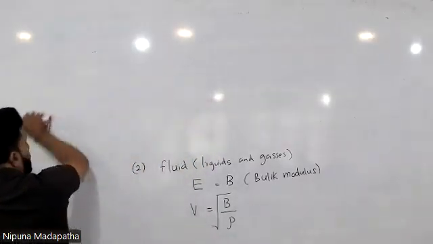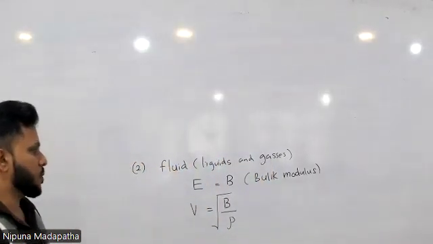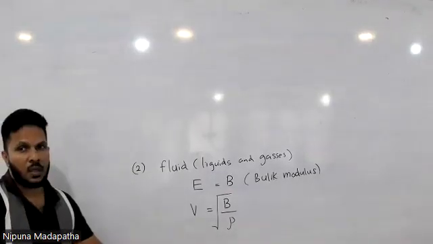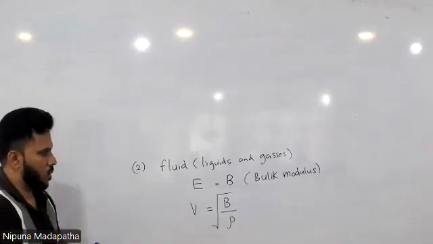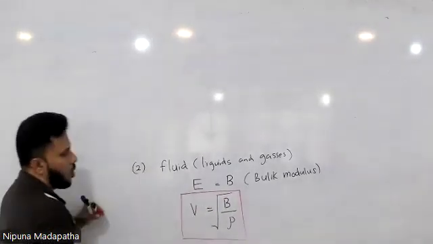Therefore, the speed of longitudinal waves in liquids and gases is given by, here like this: E equals V over rho.